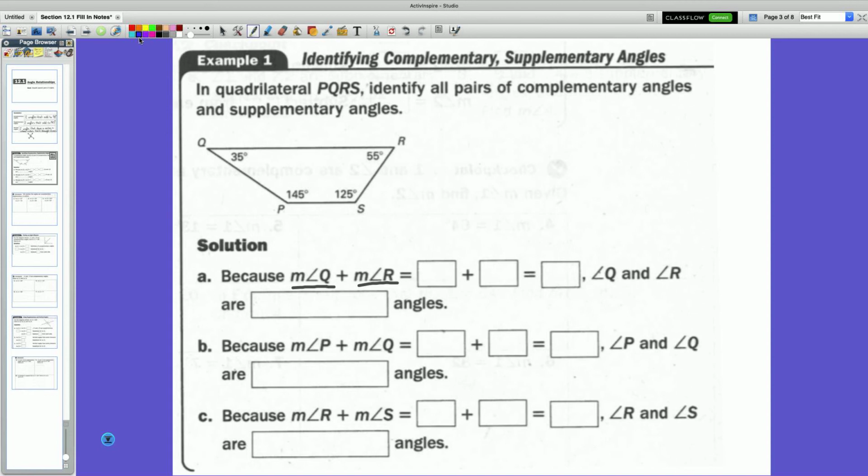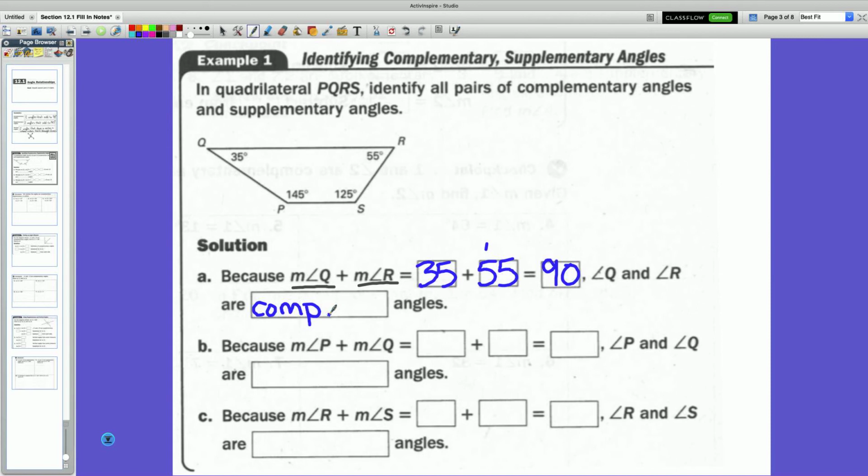Q is 35, R is 55, so 35 plus 55: 0, carry the 1, 3 plus 5 is 8, plus 1 would be 9. Since Q and R add up to 90, we can say that angle Q and angle R are complementary angles. You can abbreviate it comp.